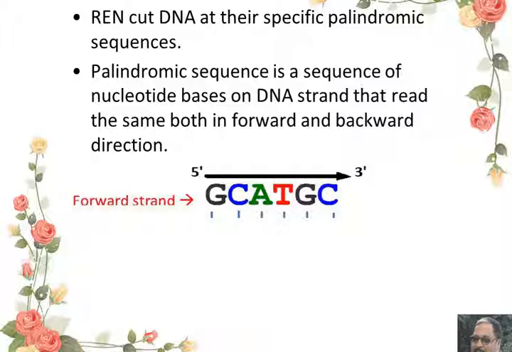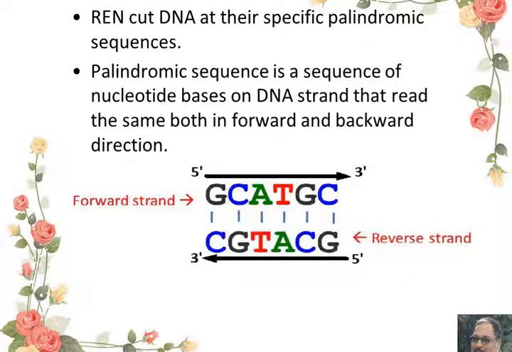In the forward direction, the nucleotides read as GCATGC. And in the backward direction, that is the opposite strand, in the reverse order they also read the same, GCATGC. So such sequences are called palindromic sequences.